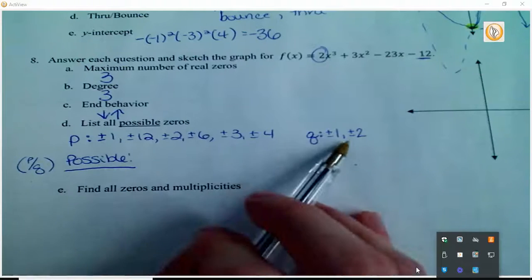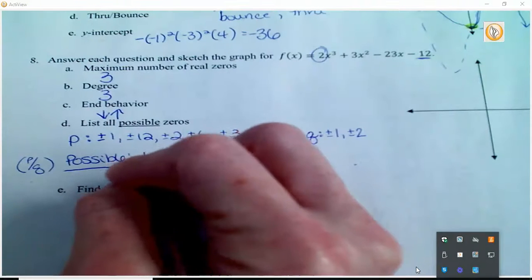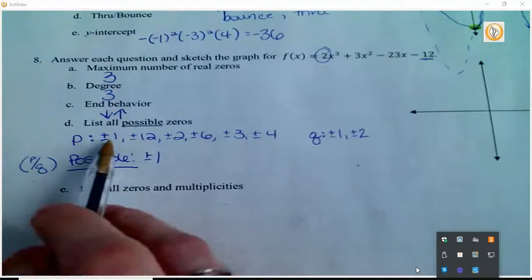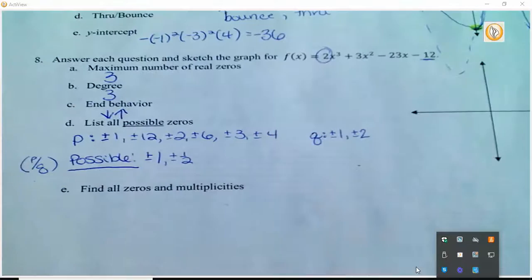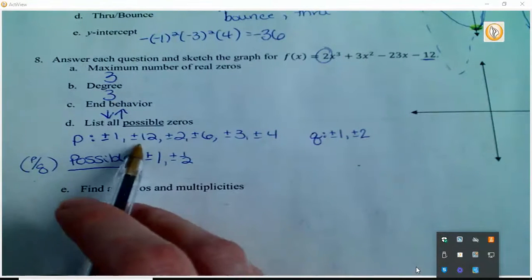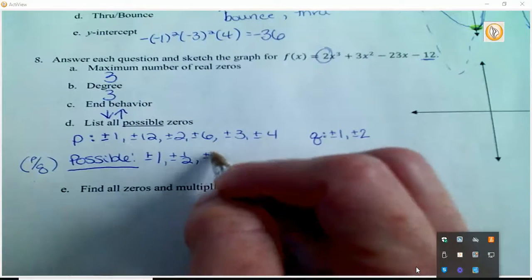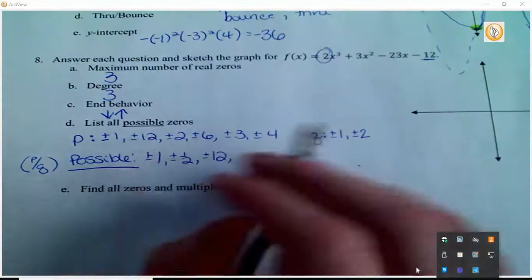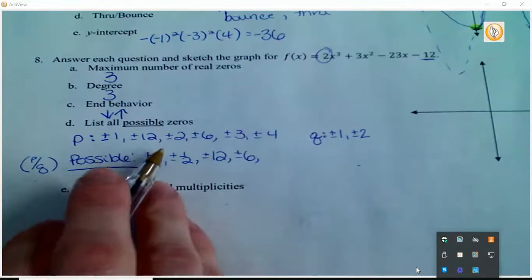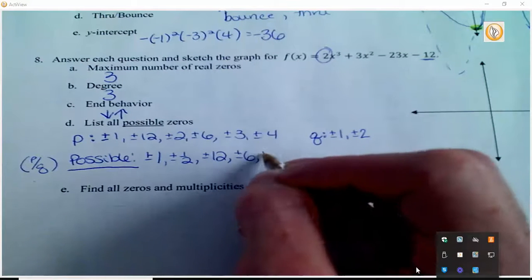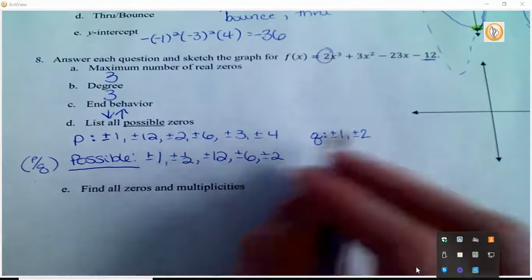So 1 over 1 is 1. 1 over 2 is 1/2. 12 over 1 is 12. 12 over 2 is 6. 2 over 1 is 2. 2 over 2 is 1.